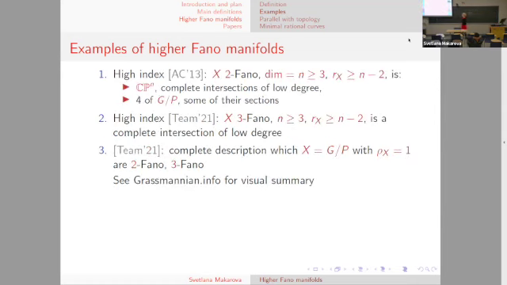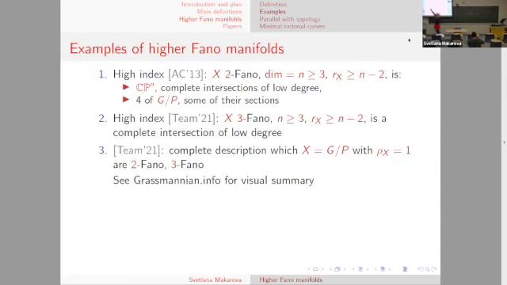Further examples include the following. Carolina and Anna Maria proved a classification of 2-Fano manifolds of high index. So for dimension at least 3 and index at least n-1, the 2-Fano manifolds are either the projective space, or a complete intersection of low degree in a projective space, or a weighted projective space, and they give explicit bounds on the degrees.